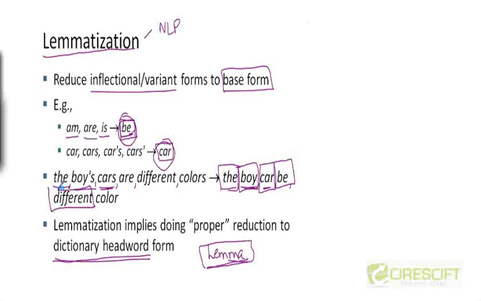So nothing happens to the documents as such. The documents will remain as they are. You're parsing the documents and then generating the tokens. And then you're parsing those tokens, and each token that you're generating is getting passed through a lemmatizer, which will convert that token into the normal form.